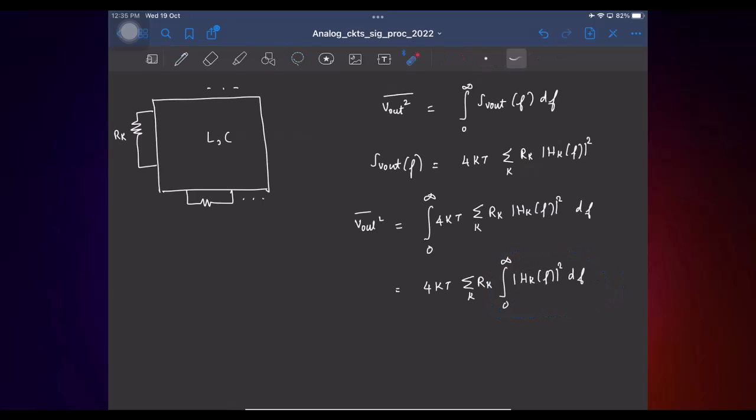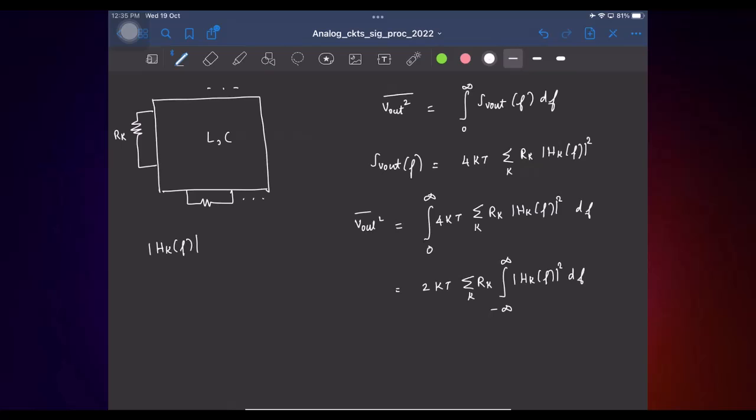Now, I know that we are dealing with real systems. So what can you say about mod H_k of f? For real systems, for real impulse response, the magnitude is an even function. So instead of writing the limit from 0 to infinity, I will say it's from minus infinity to infinity.